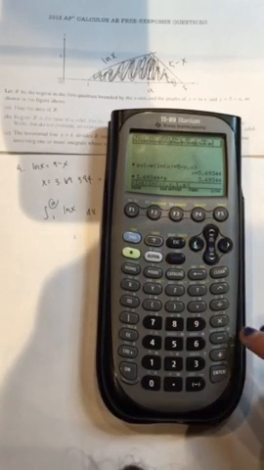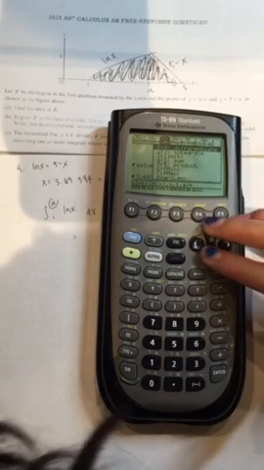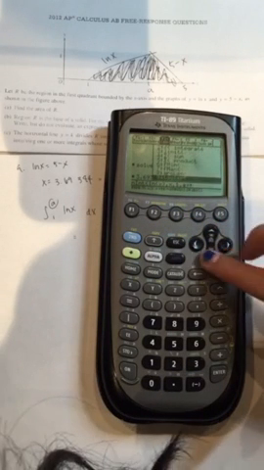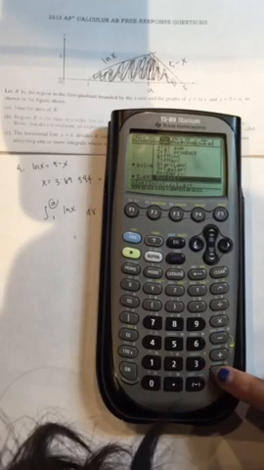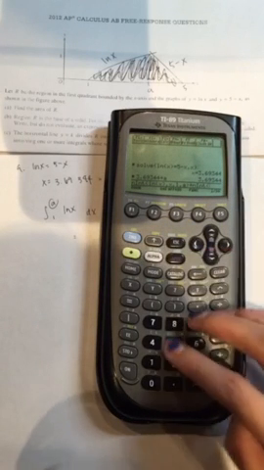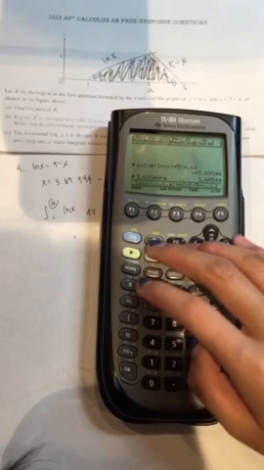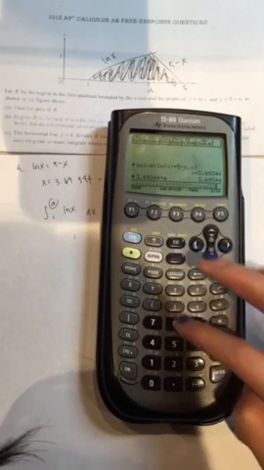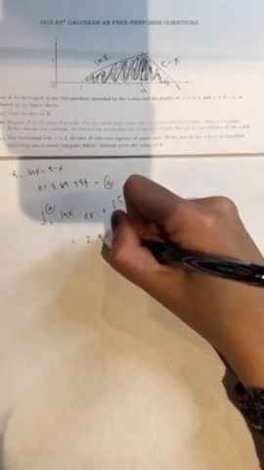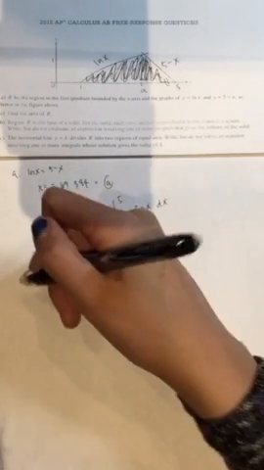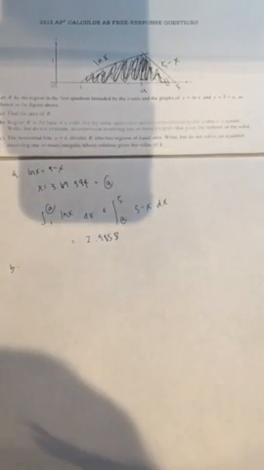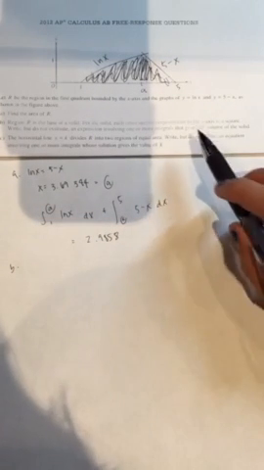You can do the same thing for the second integral, so it'd be NINT, 5 minus x, comma x, comma a, 5. So you get the value of 2.9858.